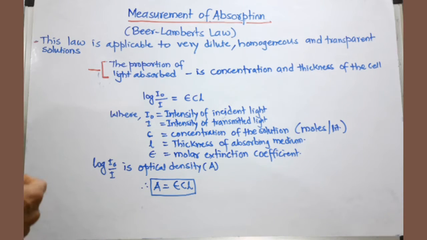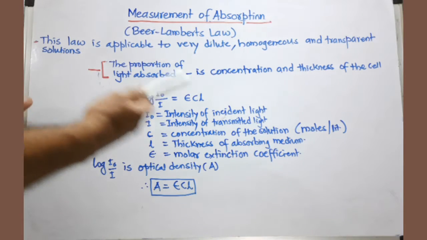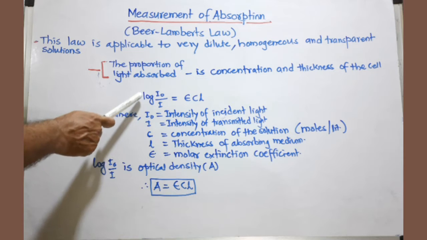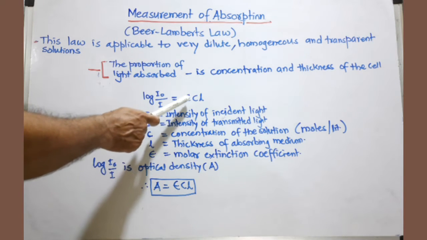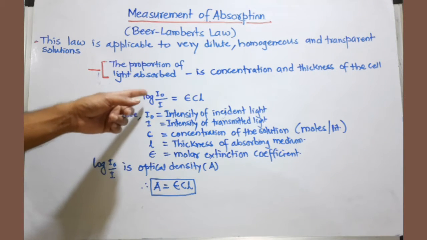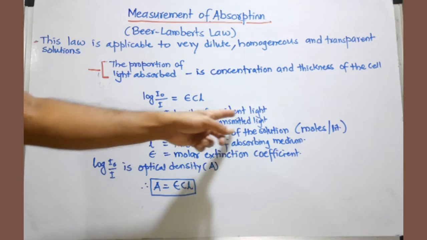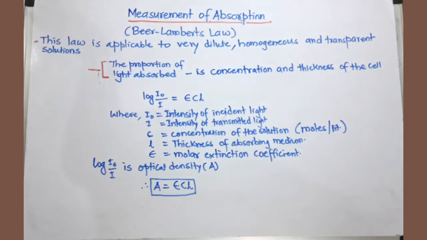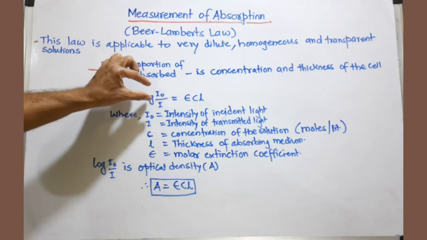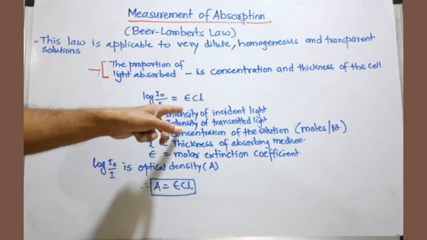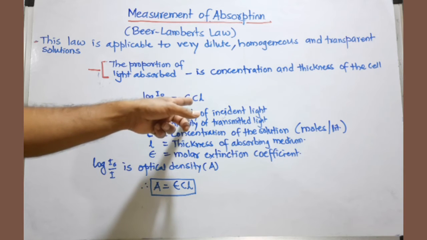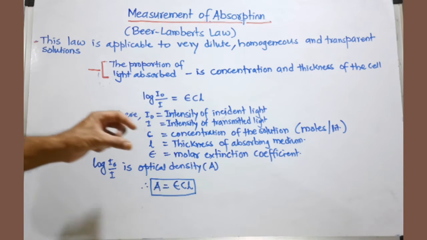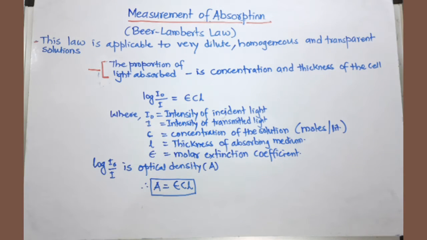When we express this statement mathematically, it becomes log of I0 upon I equals epsilon C L. Here I0 is the intensity of incident light, and I is the intensity of transmitted light, since some light is transmitted. Epsilon is the molar extinction coefficient, C is the concentration and L is the thickness of the absorbing medium.